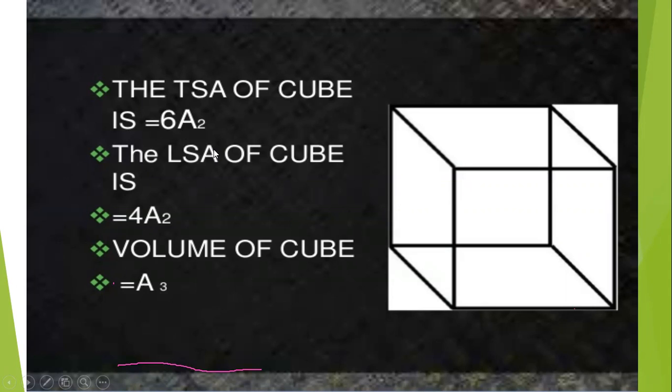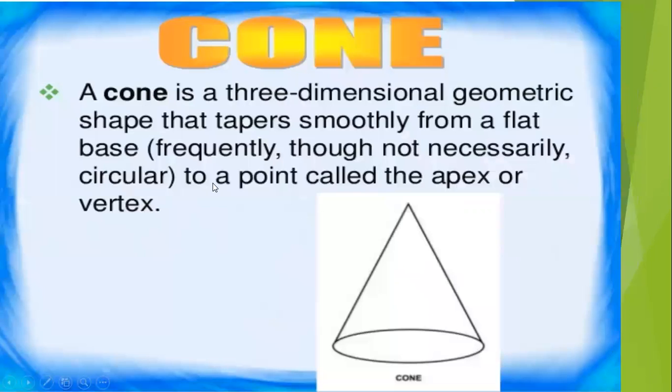Then the lateral surface area of the cube is 4 multiplied by a squared, and then the volume of the cube is got by a cubed. This is length times width times height, and since the sides are equal, it's a cubed.